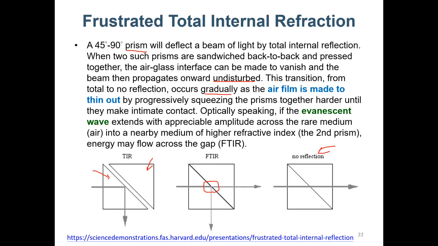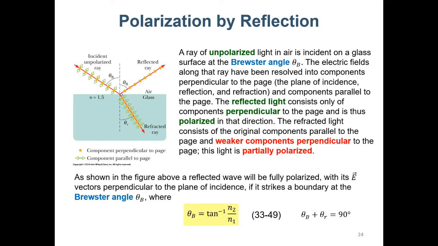Now theta b is actually theta 1, so theta 1 equals theta b, which is the arctangent of n2 over n1.